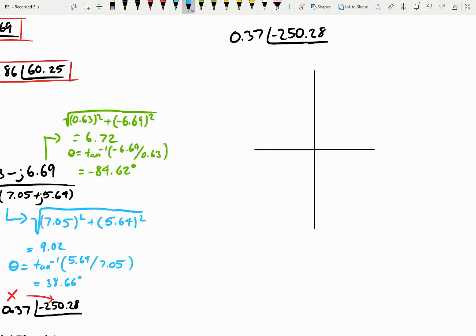So if we draw a line, negative 250 degrees is right about there. That's about negative 250 degrees.